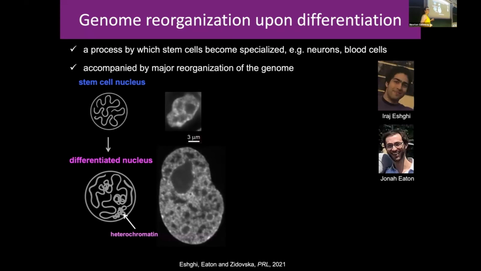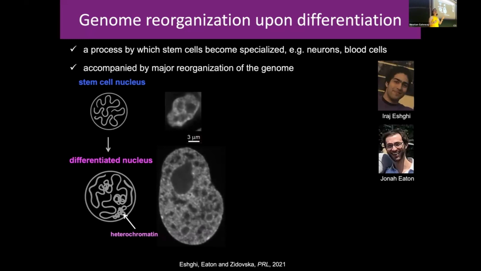To test this experimentally, we built a mouse system, where we use mouse embryonic stem cells which have fluorescently labeled histones, histone H2B. Specifically, these little pearls that I showed you have fluorescent markers that allow us to visualize the genome, its motions, and so on, and we can follow its differentiation.